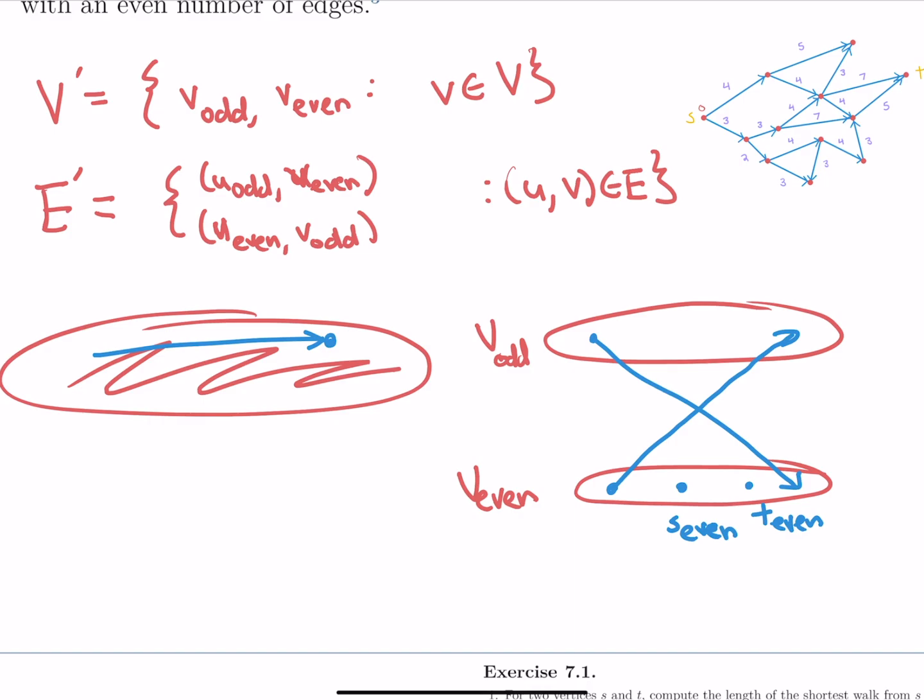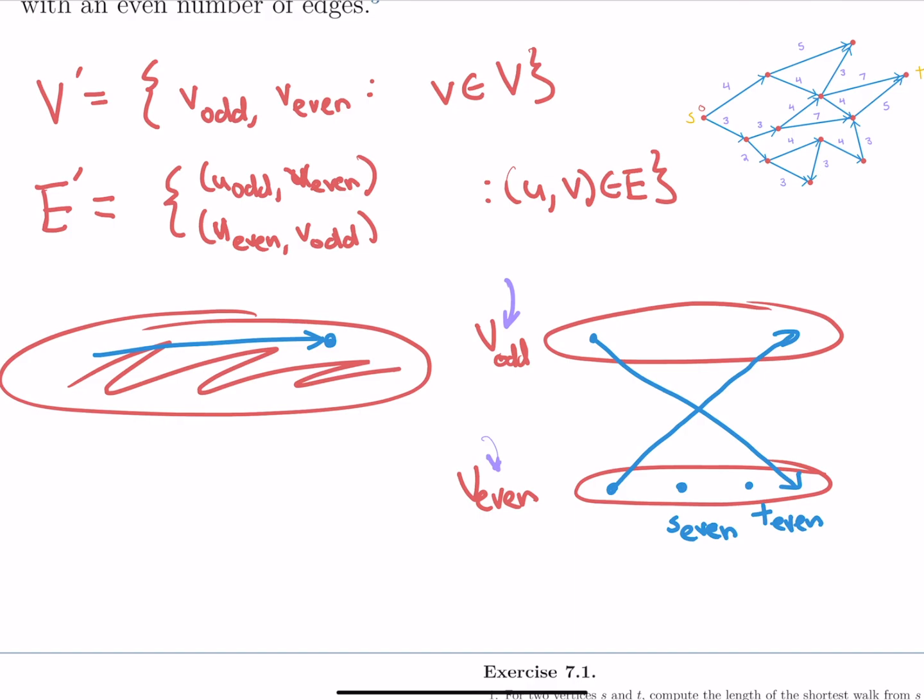So what's happening is that I'm adding memory. That little extra label, even or odd, is remembering whether you've taken an even or odd number of steps so far. I'm expanding the number of possible states and encoding it.